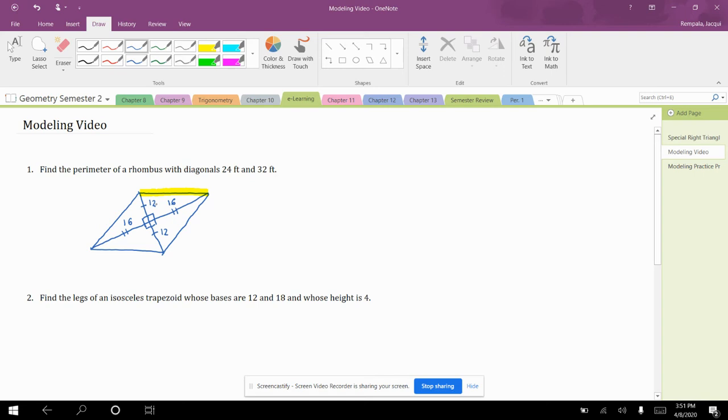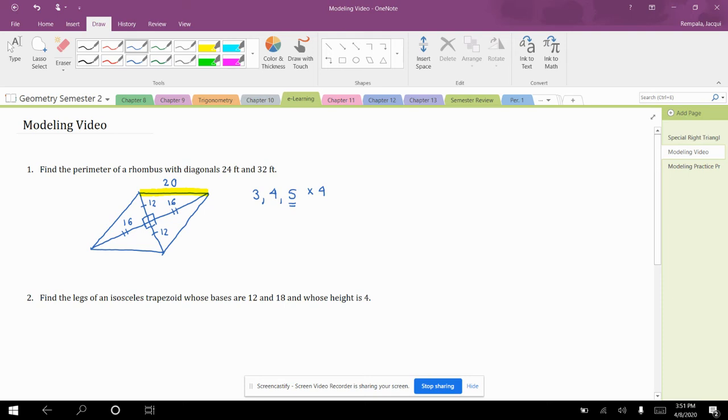The fact that 12 and 16 are both multiples of 4, notice that 3 times 4 is 12, 4 times 4 is 16. Hopefully we're starting to recognize this is a 3, 4, 5 family with everything being multiplied by 4. So since it was the hypotenuse that we wanted to find, 5 times 4 tells us that 20 is this side of the rhombus.